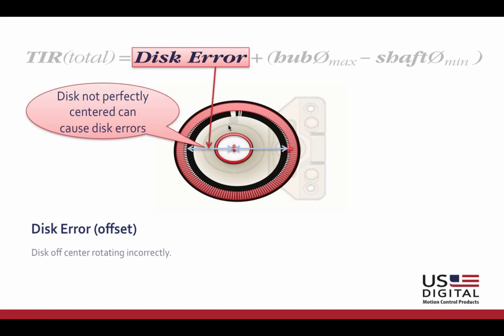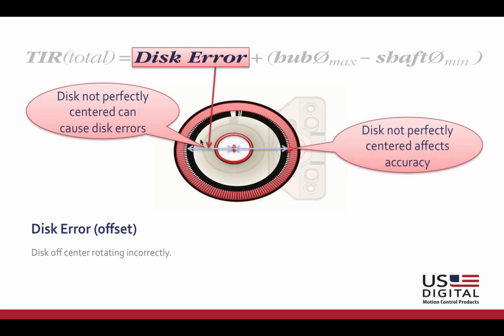But in reality, the goal of every encoder manufacturer is to get their disc perfectly centered, correct? But things can happen. The hole in the disc could not be perfectly in the center of the pattern. When the disc is installed on the hub assembly, the mechanical assembly that holds the disc, it could not be perfectly centered at that point.